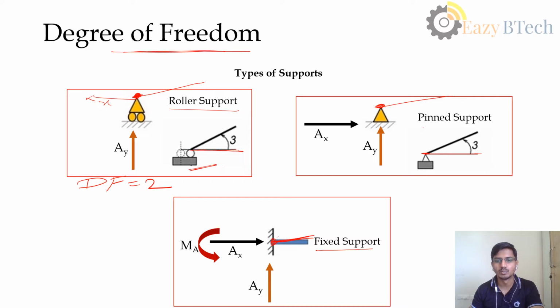Whereas the pinned support only allows the node to rotate about the z direction, so its degree of freedom is 1. For the fixed support, it is preventing movement in every direction, so the degree of freedom of the fixed support is 0. This is everything about the degree of freedom.